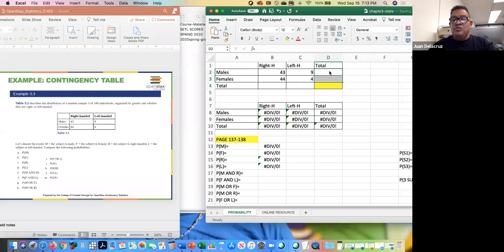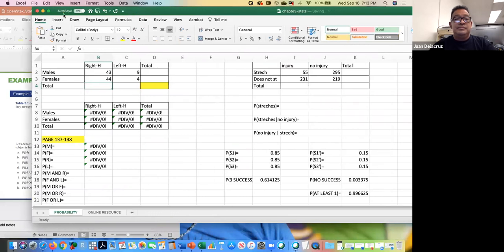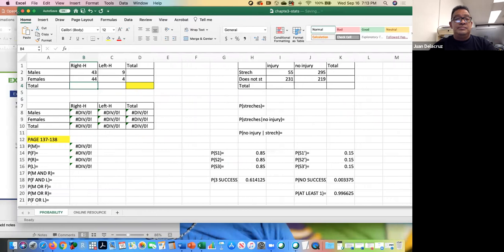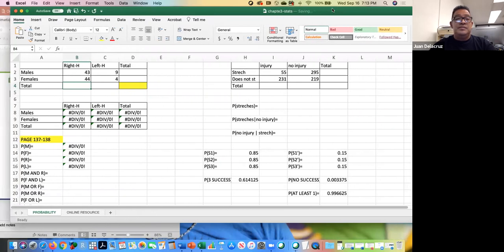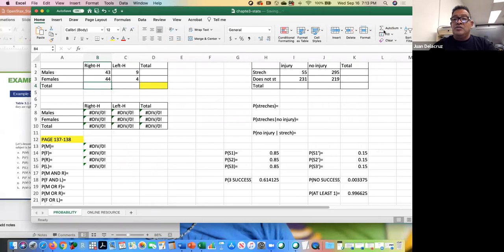So in order to start with this, what we have to do is fill in the blanks. Let me make this a little bit bigger. Oh, I made it too big. So I need my AutoSum, right?